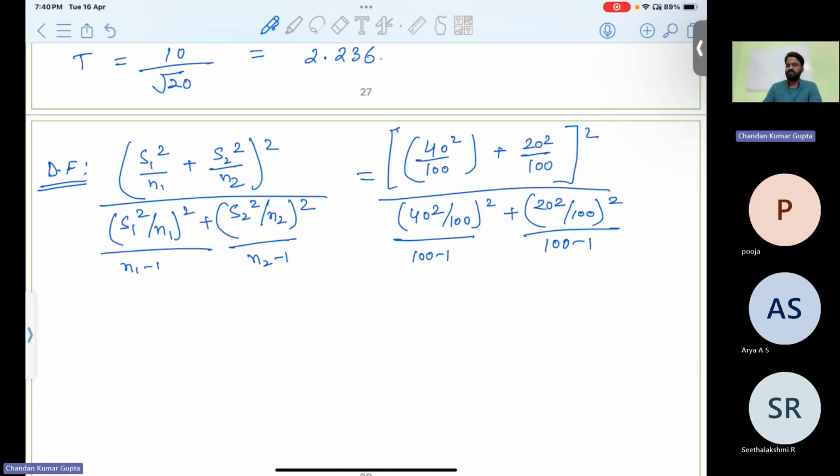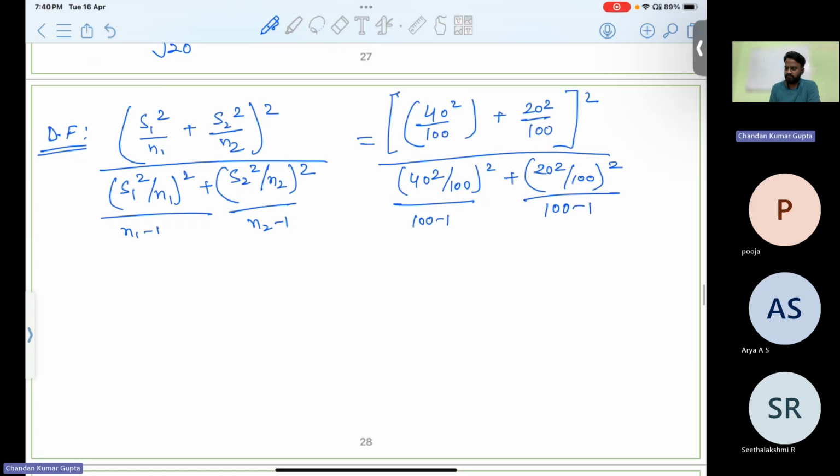Just a simple calculation, nothing very deep. After solving, you will find the approximate value is 145 point something, which comes out to be 146.